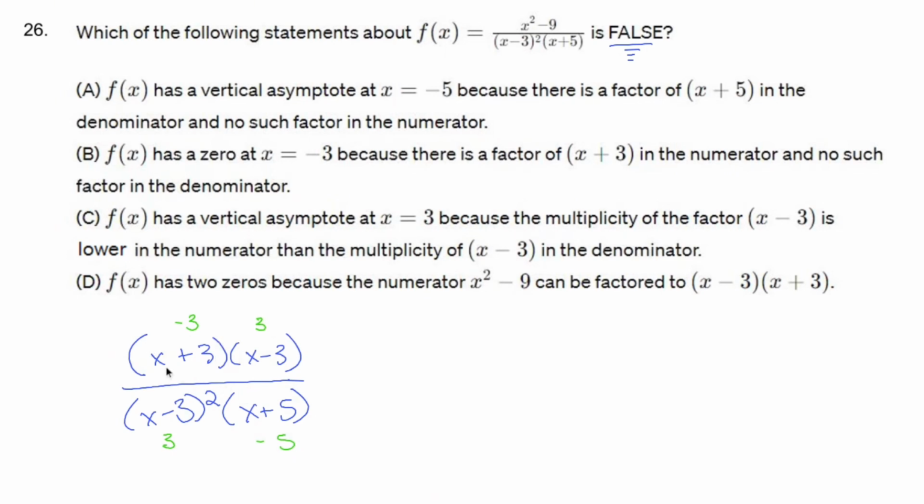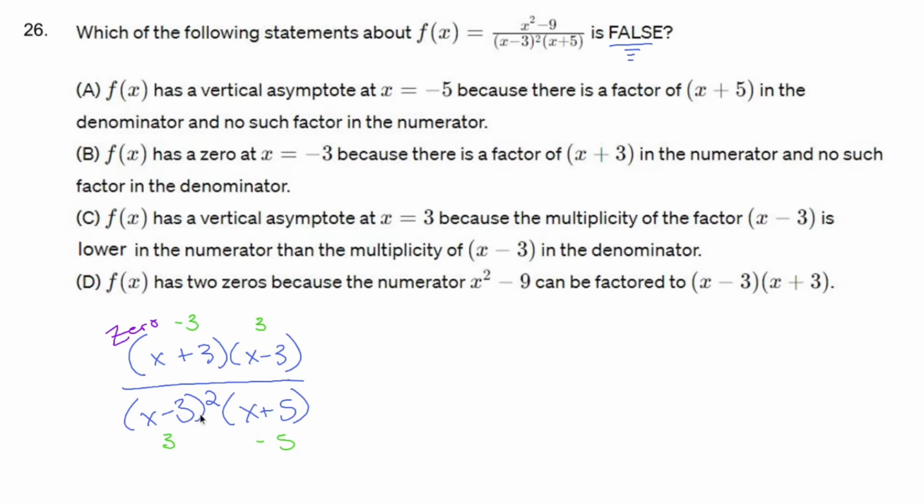Up here in the numerator, we have x plus 3 in parentheses and nothing else like it. If you have a factor that doesn't repeat itself in the numerator, you have yourself a zero, and that's what negative 3 is going to be. What we also have in the numerator is x minus 3. In the denominator, we have two of those.